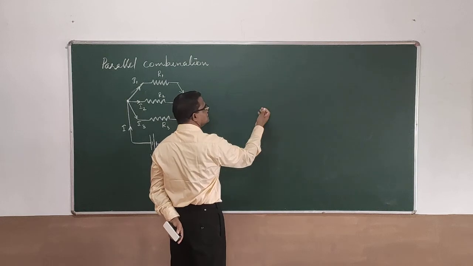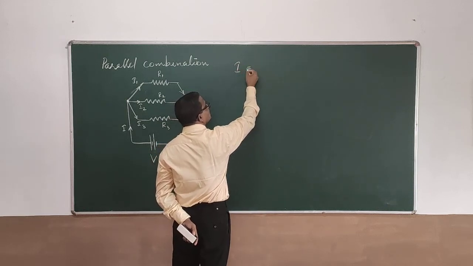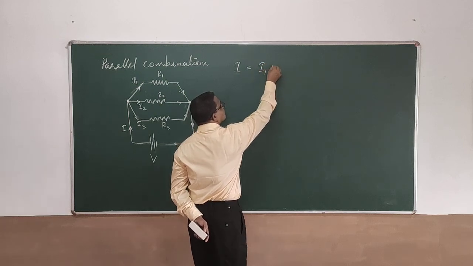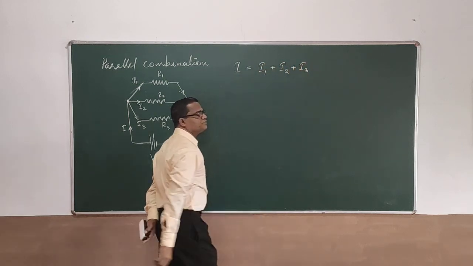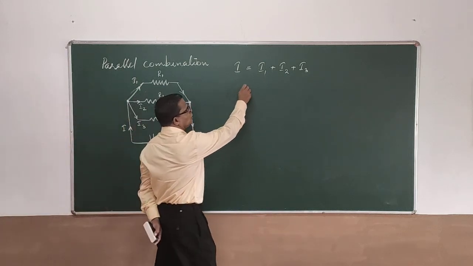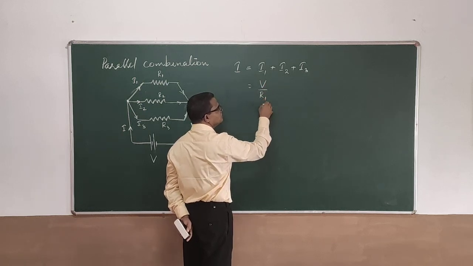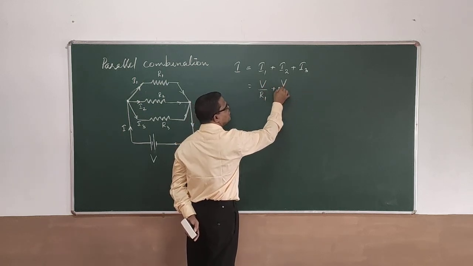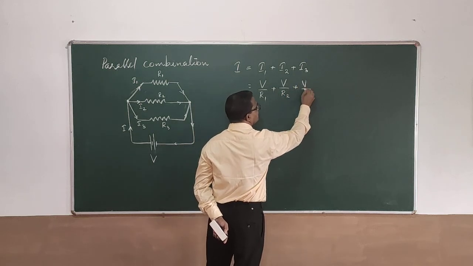According to that conservation, we can see current I will be equal to I1 plus I2 plus I3. And therefore, applying Ohm's law, I1 will be equal to V by R1, I2 V by R2, I3 V by R3.